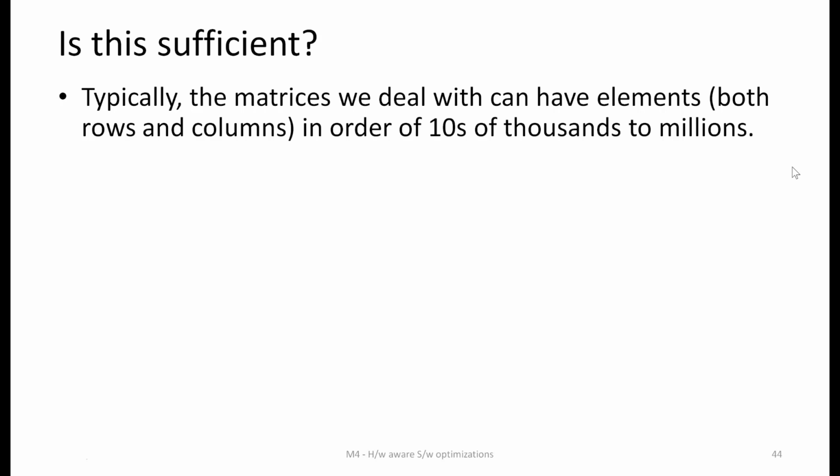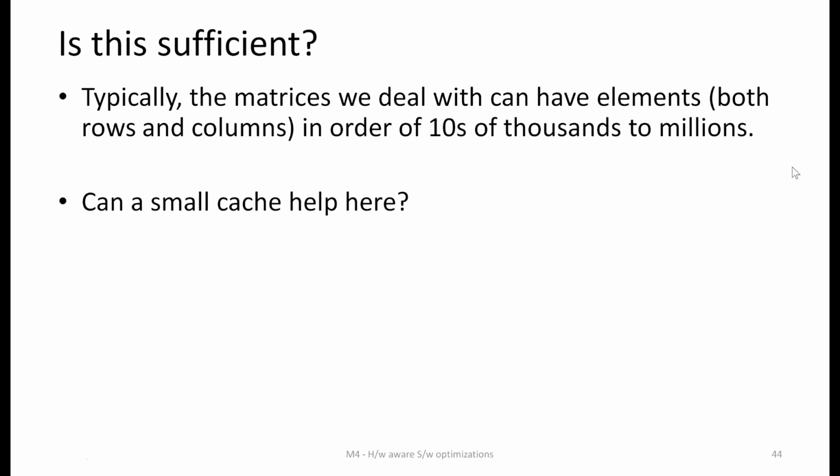So it can be a 1000 cross 1000 matrix. Now, if we are considering such huge matrices, would a simple loop interchange be sufficient? The answer is it's good, but it's not sufficient. We can do slightly better. That's what we are going to look at here.